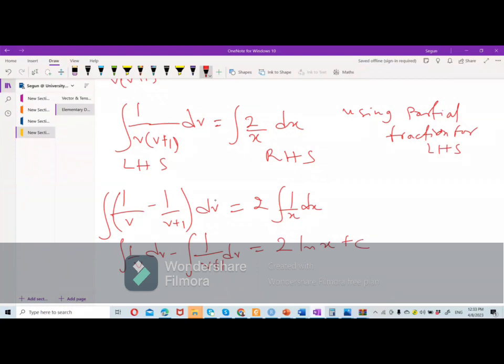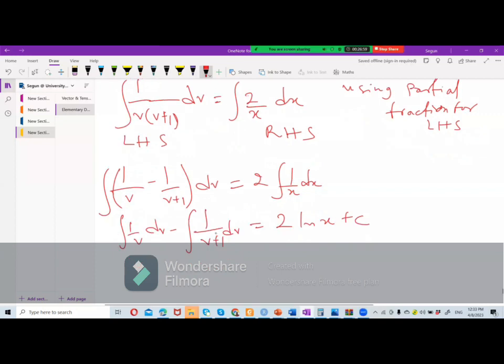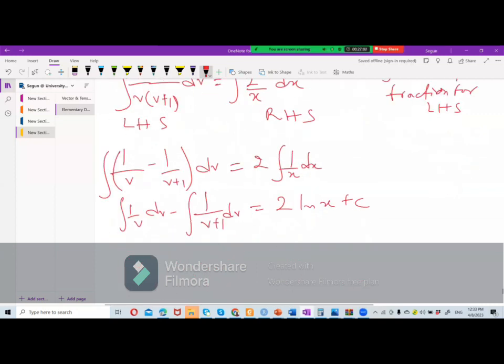At the end of the day, when you integrate the 1 over v, what do you have? You have ln absolute value of v, minus ln v plus 1 equals 2 ln x plus c.